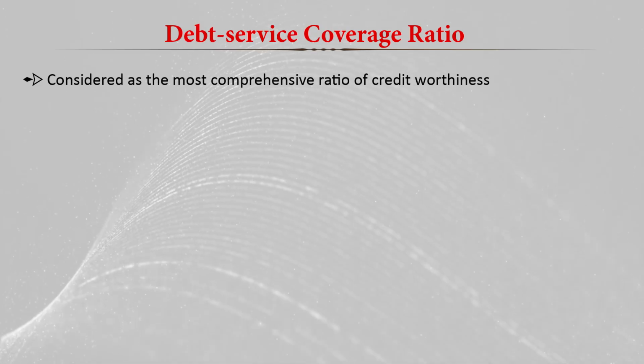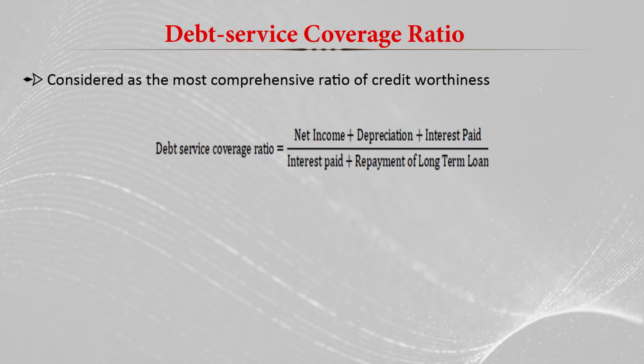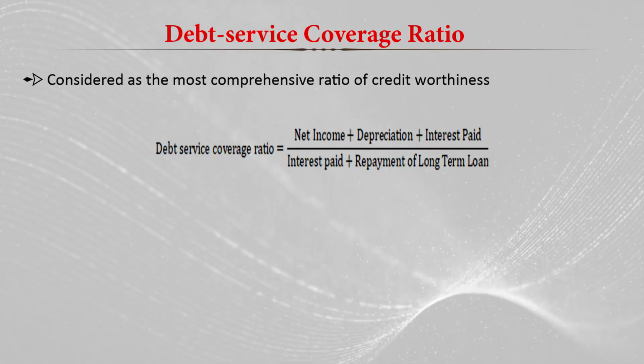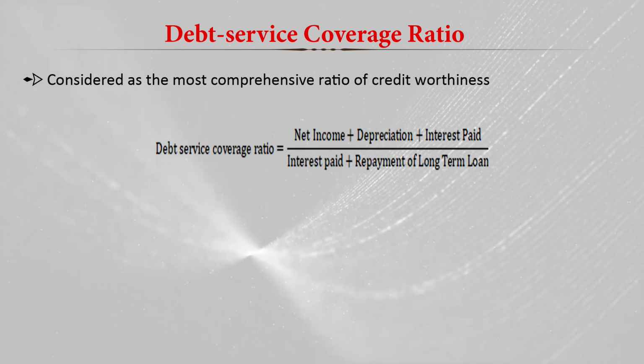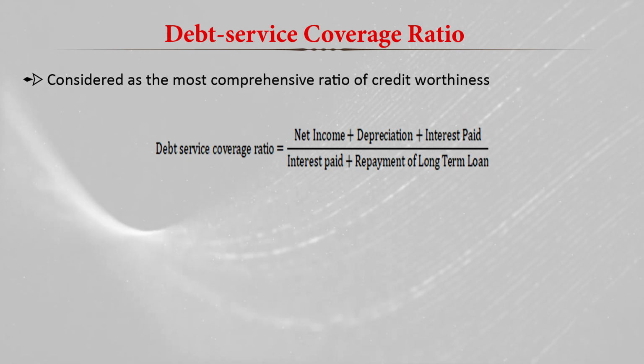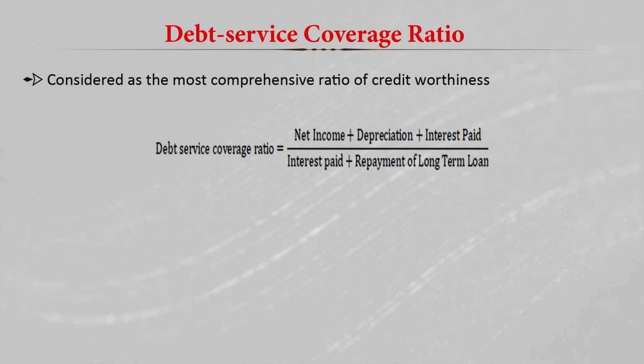The other ratio is the debt service coverage ratio, and it is considered the most comprehensive ratio of credit worthiness. It is calculated as net income plus depreciation plus interest paid. The sum of these three is divided by the interest paid plus repayment of the long term loan.